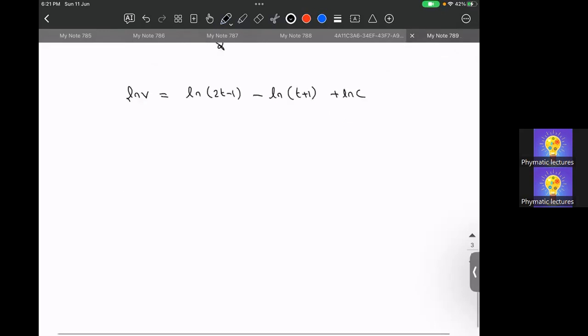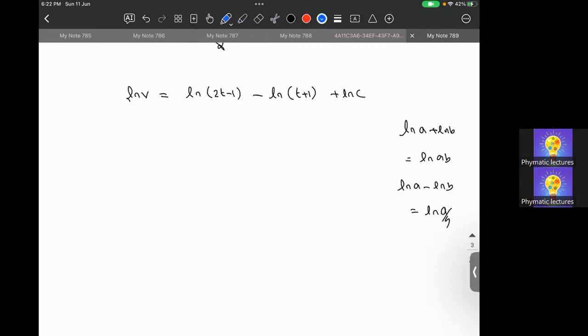Now there is a property in ln. So ln a plus ln b is ln of ab. Similarly, ln a minus ln b means it is ln a over b. Correct. So I can use the same thing. So ln v is equal to, here it is minus and then it is added with the ln c, right?